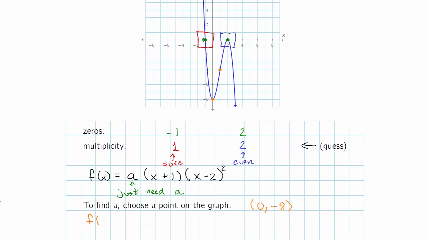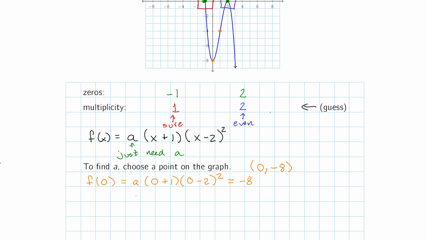So f of 0, that should be a times 0 plus 1 times 0 minus 2 squared, ought to be -8. Well, that means that a times 1 times -2 squared is -8.